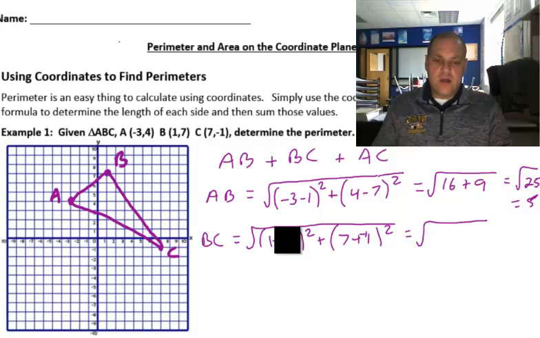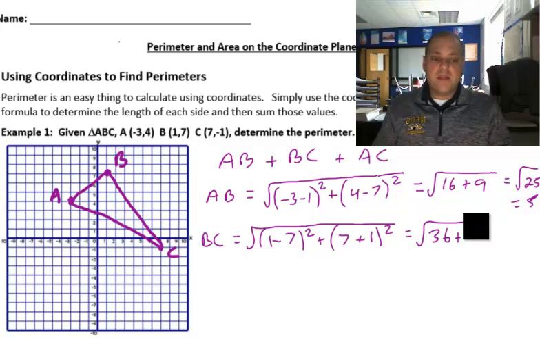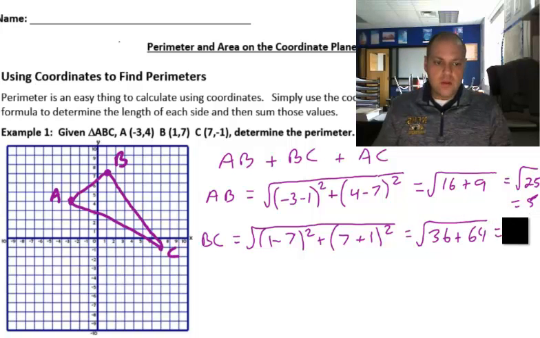This is going to be negative 6 squared, which is 36. And the second part is 7 plus 1, because it's minus a negative 1. That's 8 squared, which is 64. So that's going to be 100, and the square root of 100 is 10.